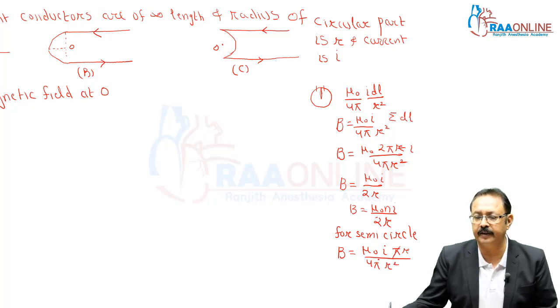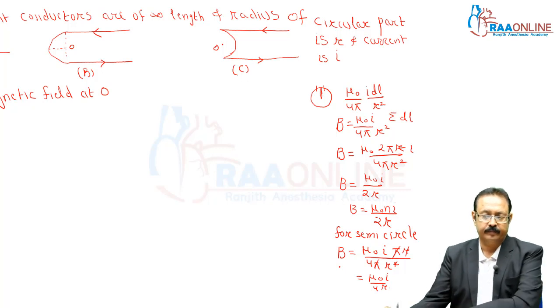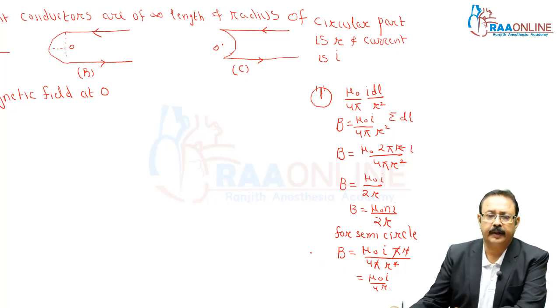So we will get this formula, mu naught I by 4r. Getting my point?